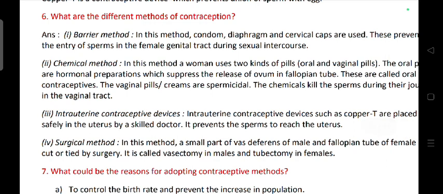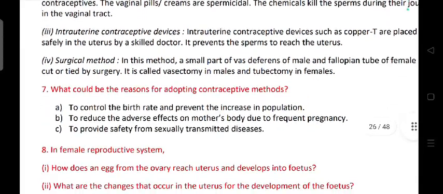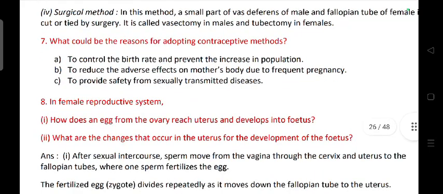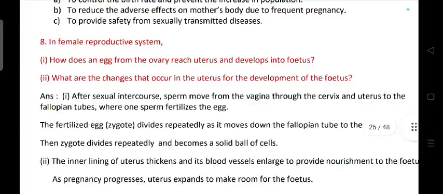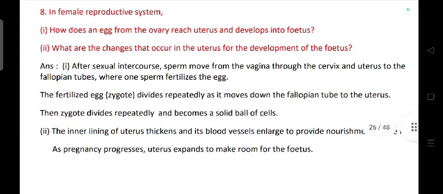Next, what are the different methods of contraception? Barrier method, chemical method, intrauterine contraceptive method, then surgical method. What would be the reason for adopting contraceptive methods? Then in female reproductive system, how does an egg from ovary reach uterus and develop into fetus? What are the changes that occur in uterus during the development of fetus?